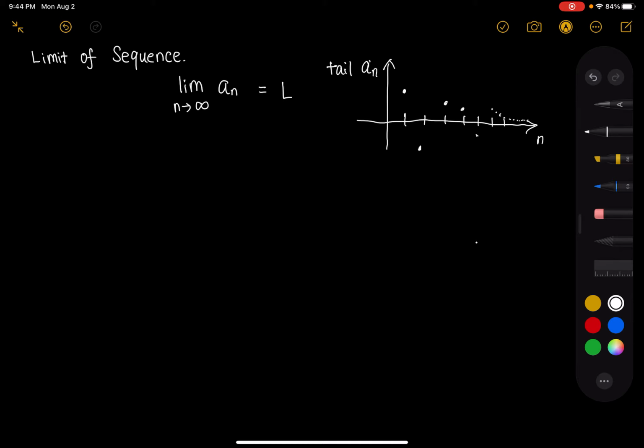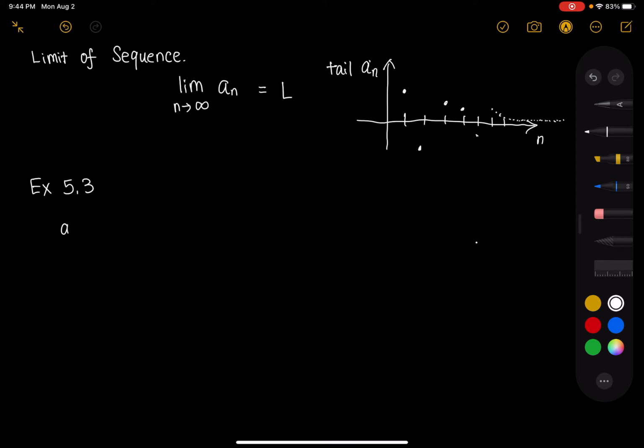So if we keep having a tail that is converging to a number L, then we call that the sequence converges. It doesn't matter the relationship of a_1 to L. So this is important to know, and we'll take a look at example 5.3 to find the limits of a sequence and determine whether a sequence is convergent or not.